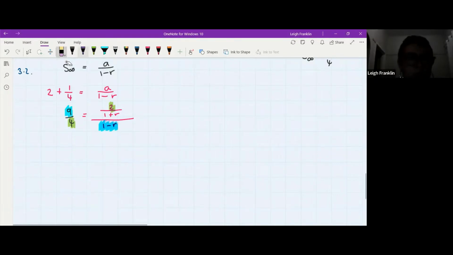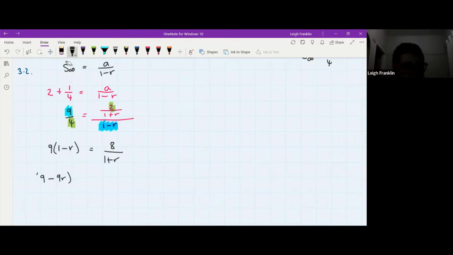Okay, so that is going to leave us with 9 times (1 minus r) is equal to 8 over (1 plus r). So we've now got 9 minus 9r, cross multiplying again with 1 plus r equals 8.